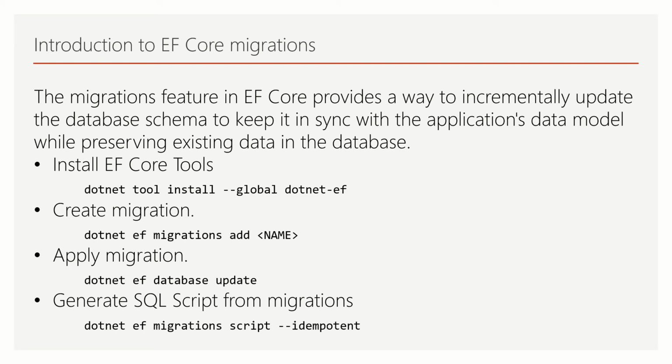To use EF Core migrations, you need to install the .NET tool or .NET CLI tool. You can do this with PowerShell in Visual Studio, but here I am using CLI tools and Visual Studio Code, not Visual Studio. Then you need to create a migration and apply the migration, and you can also generate a SQL script from the migrations.